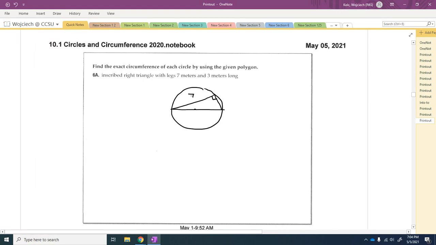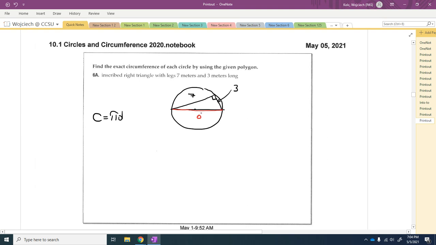This is 7. This segment is 3. And obviously, to find circumference, I need to know diameter. Now, this diameter, okay, is also the hypotenuse of the right triangle.